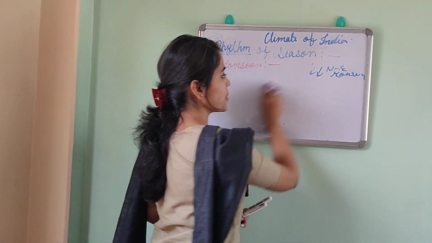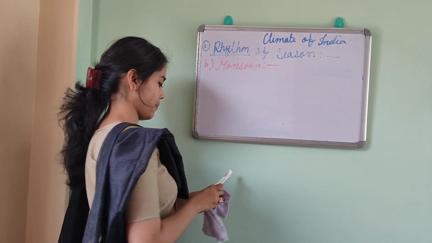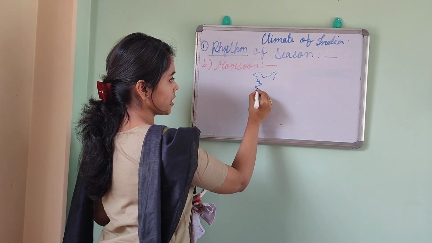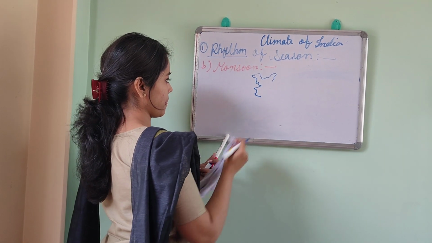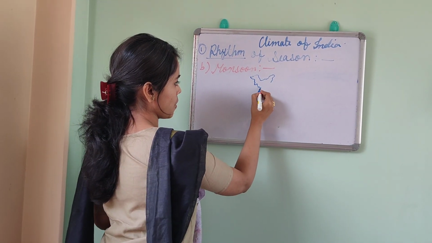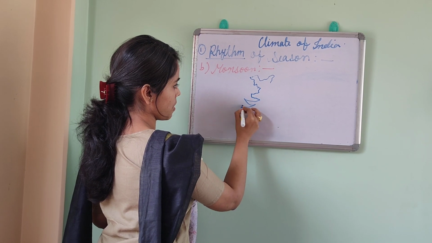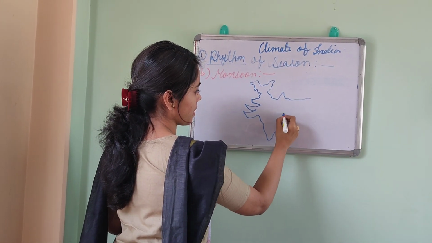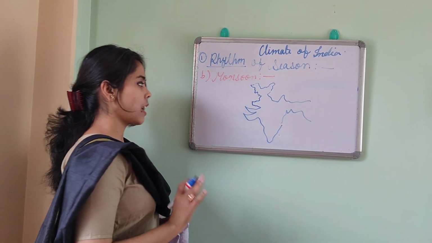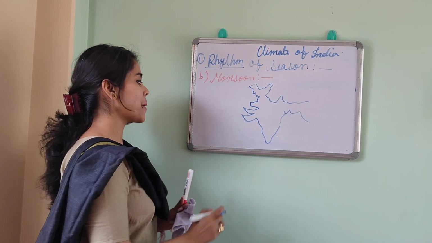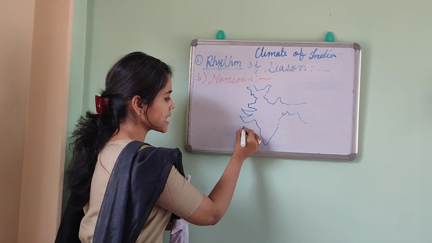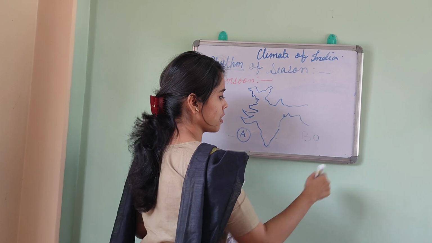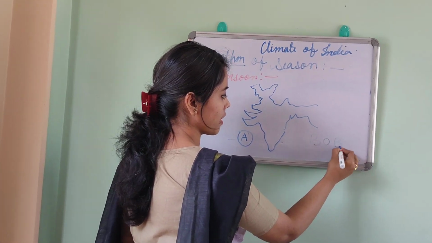So let me draw India's map first. I'm doing it in a hurry, so just imagine this is India's map and here the Arabian Sea is situated and here the Bay of Bengal.